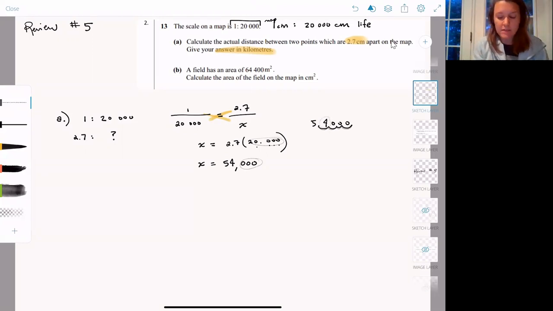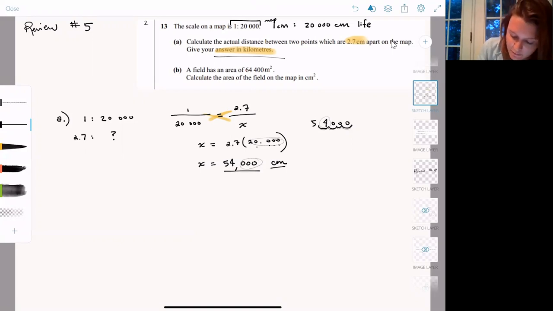Okay, so x equals 54,000, but this is in centimeters, and it wants me to answer in kilometers. So what I'm going to do is, I know centa means 100, and so if I divide this by 100, I'm going to take away 2 of those zeros. That's going to give me 540 meters.